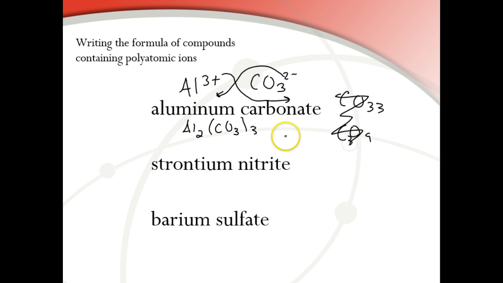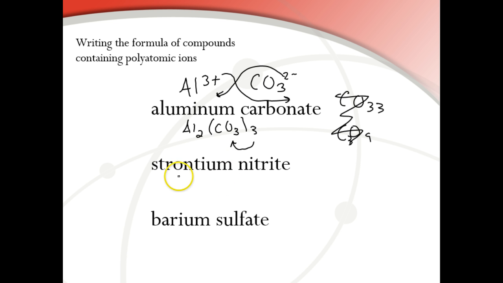Those are wrong. You need to put parentheses and put that 3 outside of it when you have multiple polyatomic ions. It's just like S3 or P3 or any element 3, but we have more than one element there, so we have to block it off in brackets and say, okay, we need 3 individual carbonate ions.